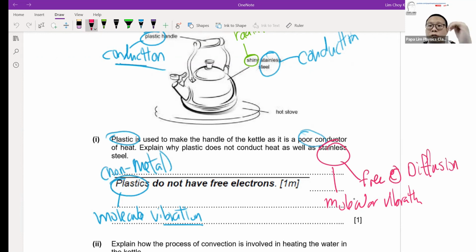Because free electrons are smaller and move much faster, the heat transfer via free electron diffusion in metal is much faster. As a result, the main reason why metals are good conductors is primarily because of the existence of free electron diffusion. Plastic does not have free electrons, so it doesn't allow free electron diffusion to occur.